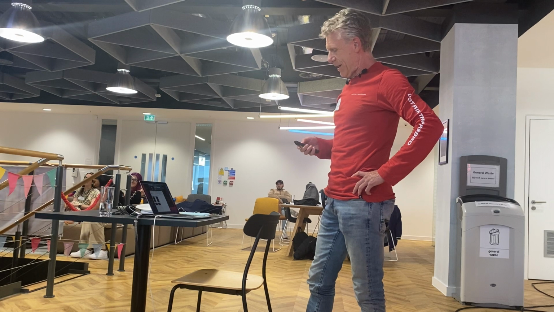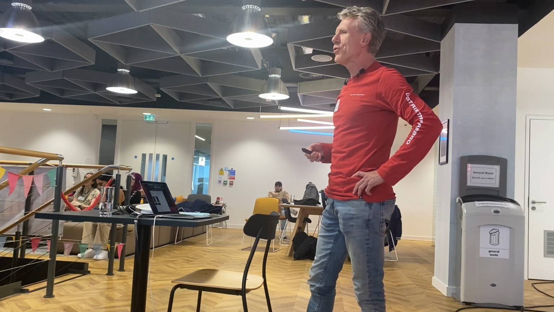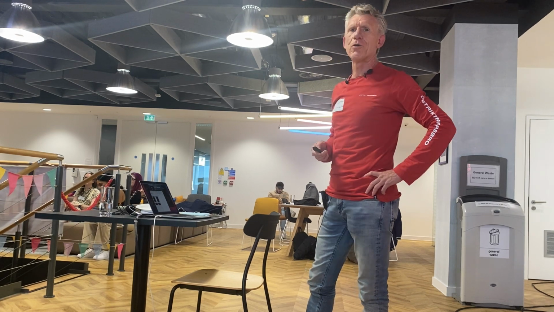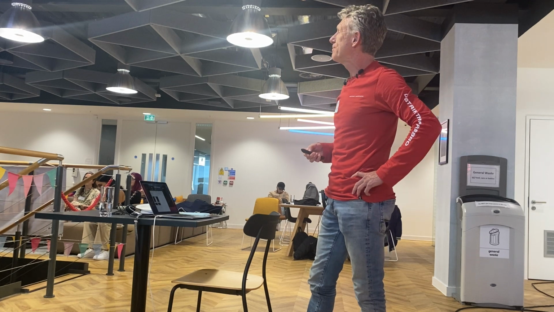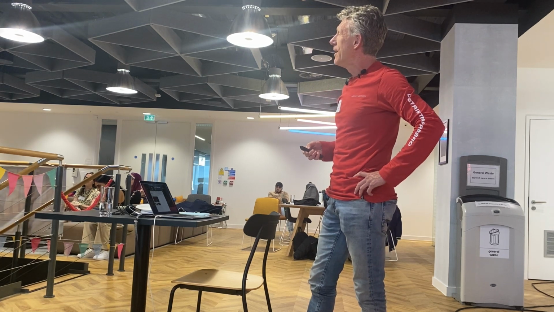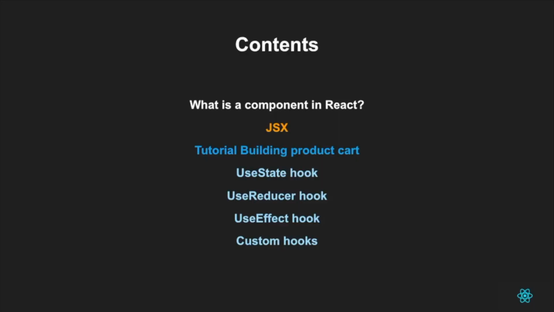And how can we do that? First, I want to explain what components are in React. I'll also explain a little bit about JSX, and how we build this product card with components, state and hooks.